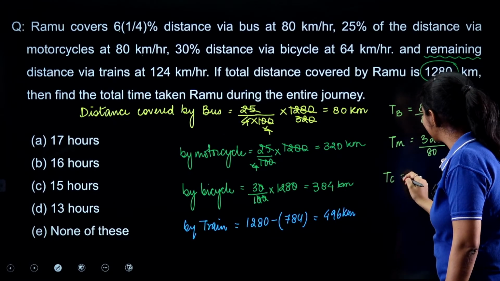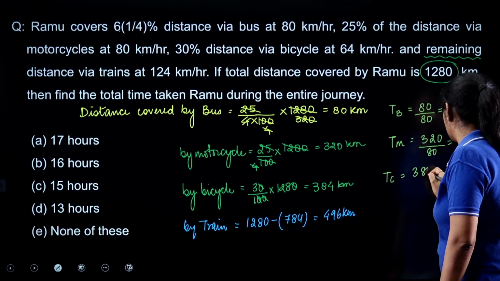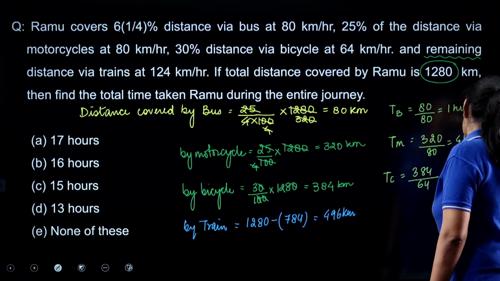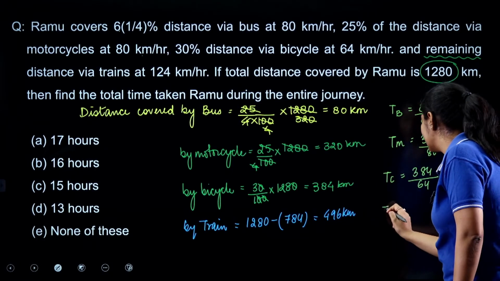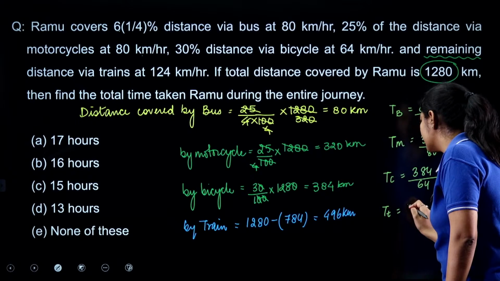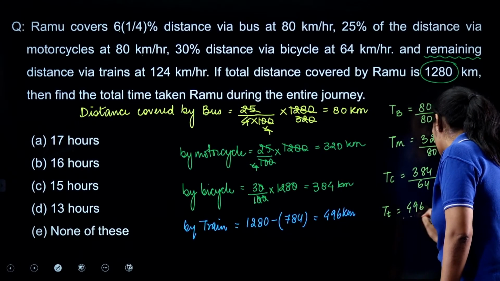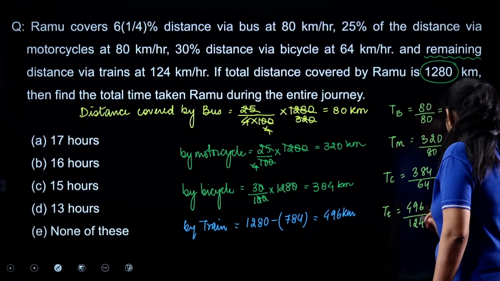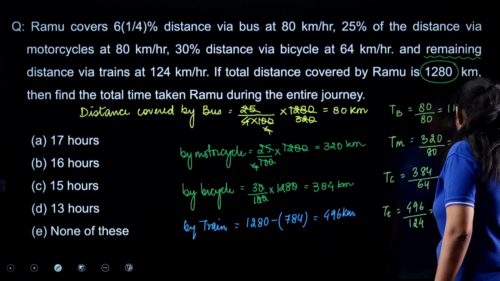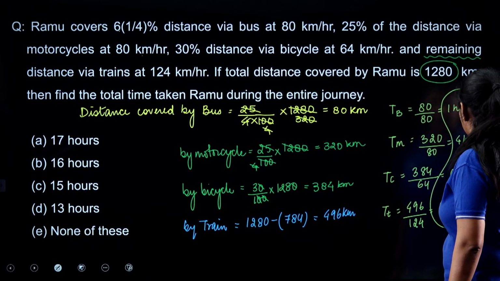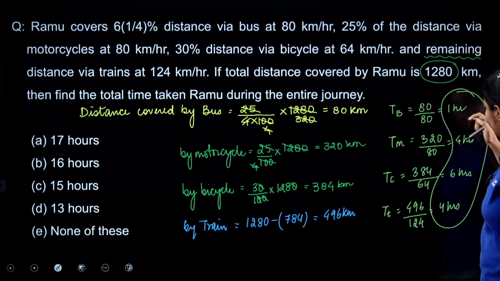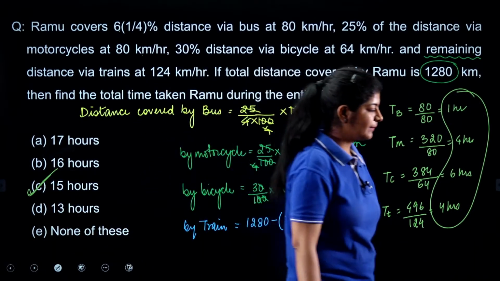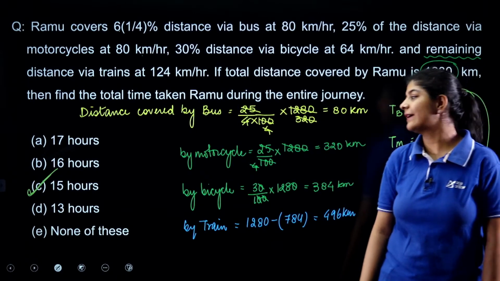Time taken by cycle: the distance is 384 and the speed is 64, which is 6 hours. Time taken by train: the distance is 496 kilometers and the speed is 124, which is again 4 hours. The total time is 10 plus 5, 15 hours. Option C is the correct one.